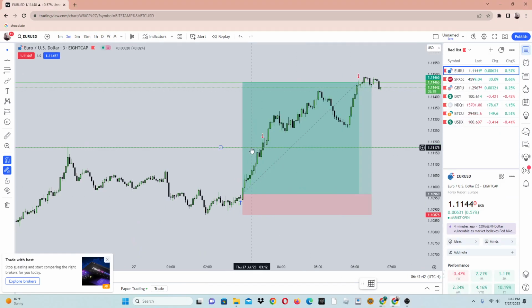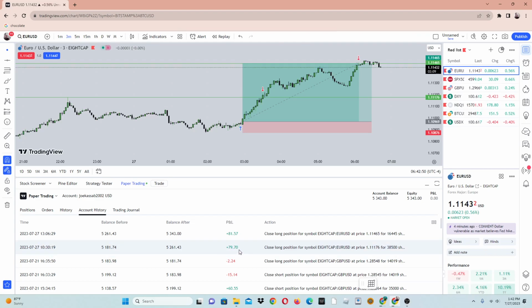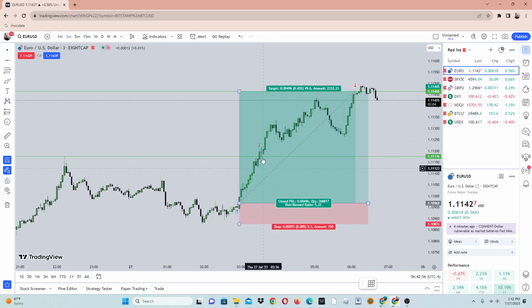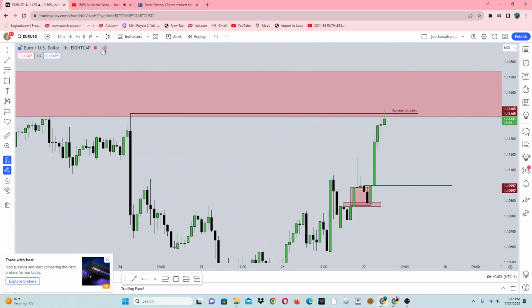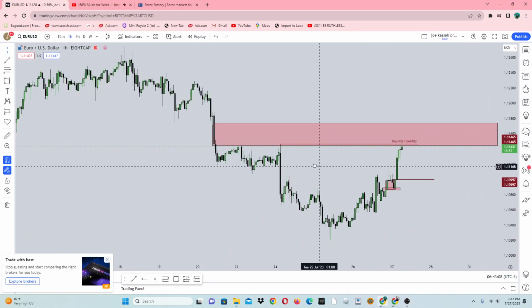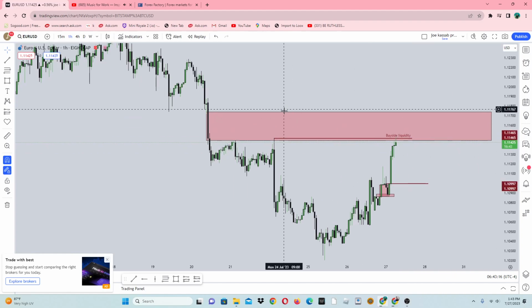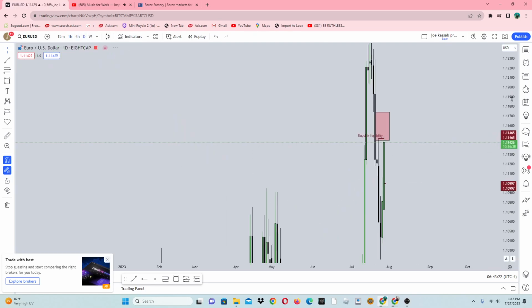I took 70% of my position right here. If you go into paper trading, you can see that I took 70% of my position. I was risking 1%, took 70% of my profit right here, and my last target was this swing point right here, because it was in the fair value gap, the daily fair value gap, and a swing point equal buy side liquidity in the fair value gap.